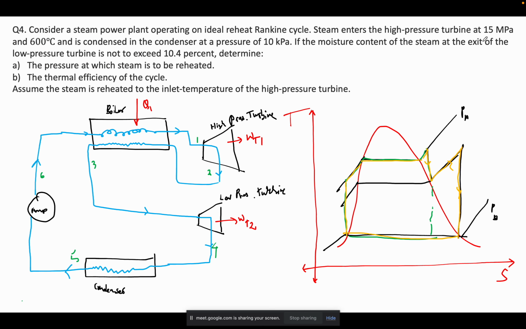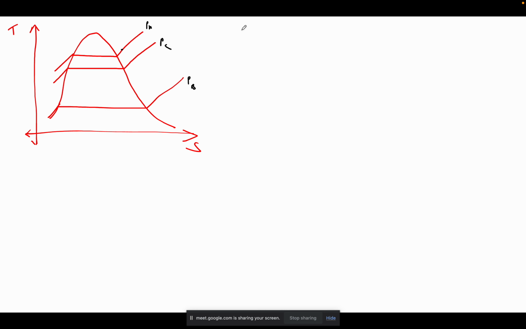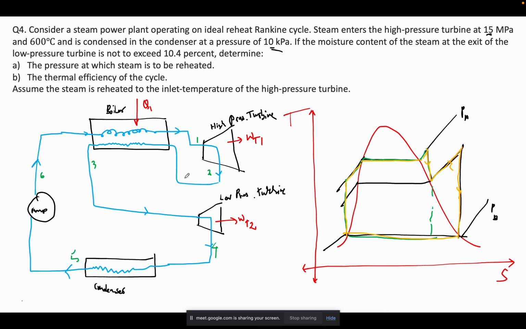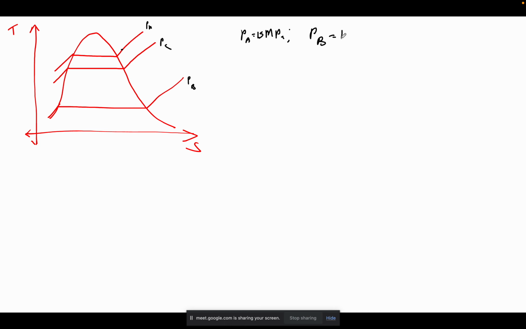The question is telling us that my PA is nothing but 15 megapascal and my PB, that is the condenser pressure, is 10 kilopascal, that is your 0.01 megapascal.